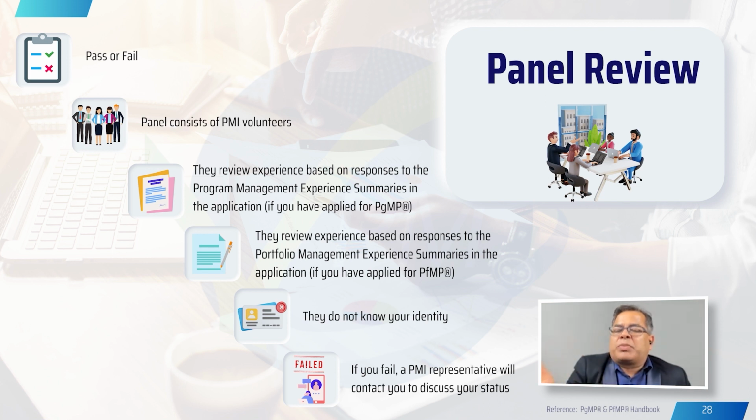So if you've gone through my process and taken me as mentor, I will work with you to ensure the application goes through without any problem. Or if they come back for any reason, I will work with you to ensure that it goes through in the next attempt. Generally, the first attempt will be fine. So don't get worried about the panel review.